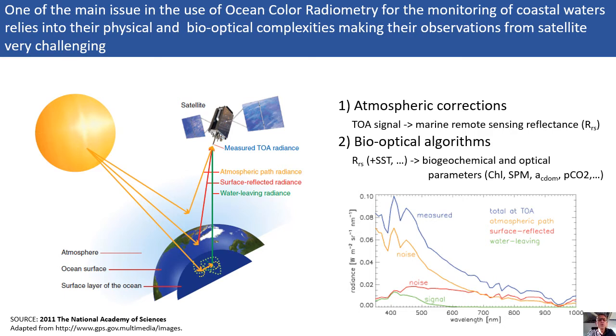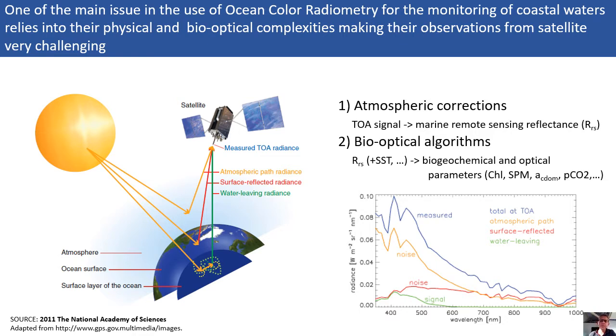One of the main issues in the use of ocean color radiometry for the monitoring of coastal waters relies on their physical and bio-optical complexities, making their observations from satellite very challenging. Because the atmosphere may contribute up to about 80% of the top of atmosphere signal recorded by the sensor, atmospheric correction has to be done to estimate the marine signal, called the remote sensing reflectance.